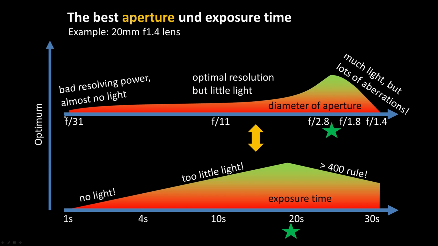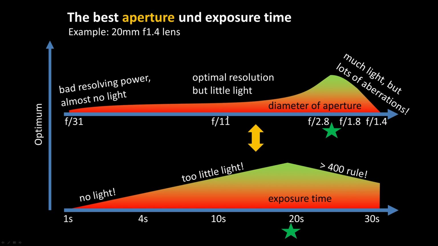I start on the left here with f31. This is the smallest possible opening for that lens, and that would mean I would have almost no light coming through and almost no resolving power with that lens. If I open the aperture more and more, I get more and more light, so it's getting better and better.